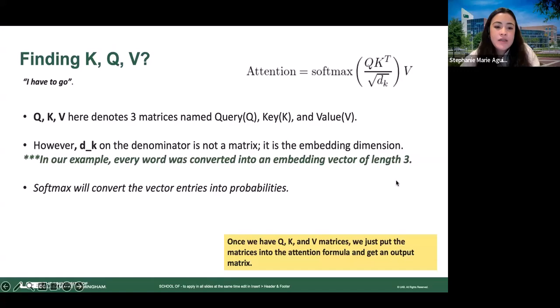Then the softmax, I know you guys know this. We use this a lot for classification, turning these vectors into probabilities. Once we have those Q, K, and V matrices, you put them into the attention formula and then you get an output matrix.